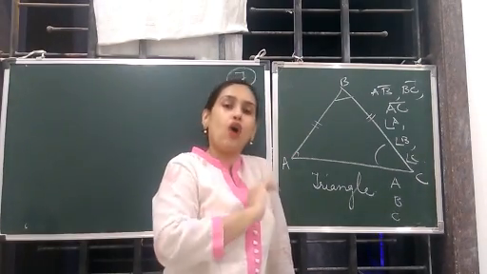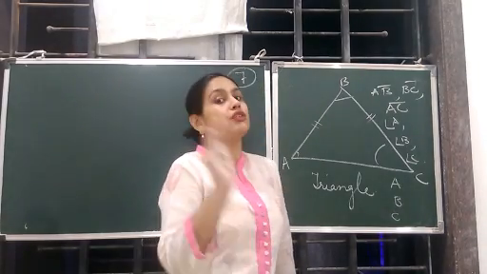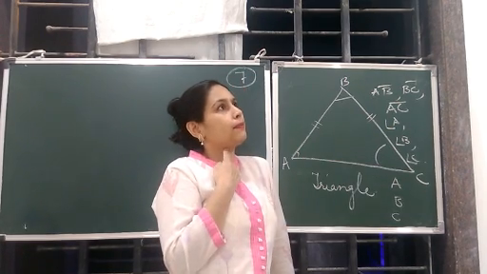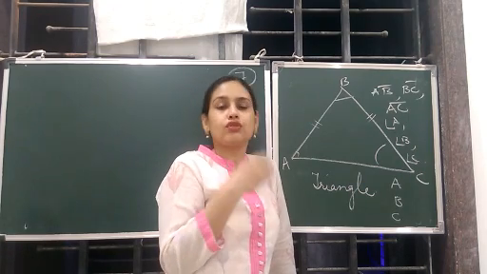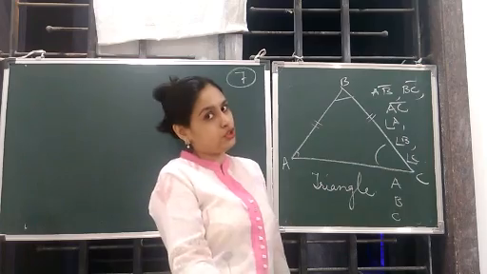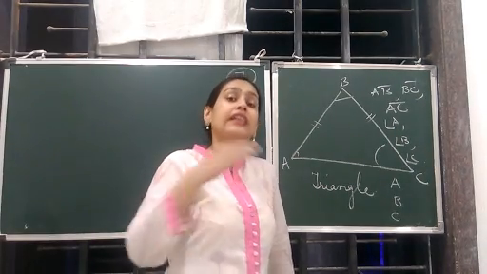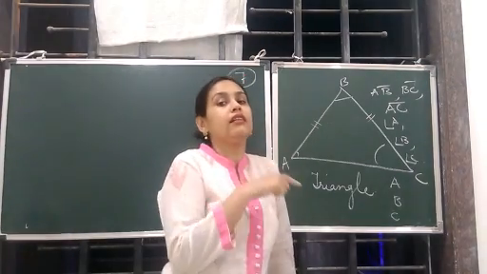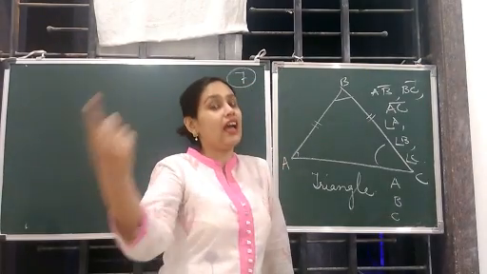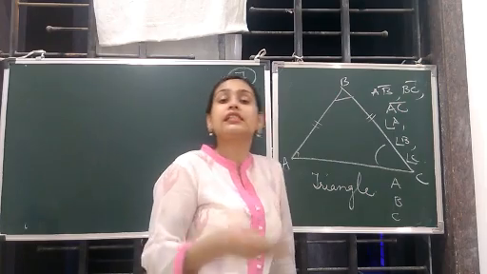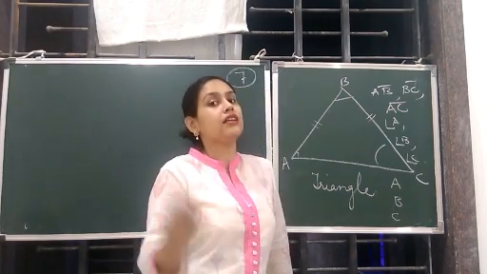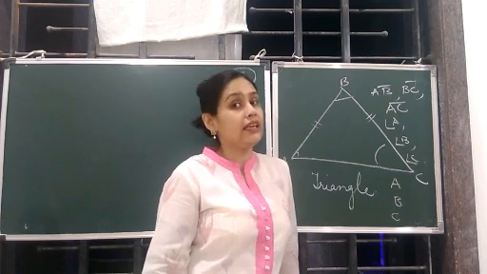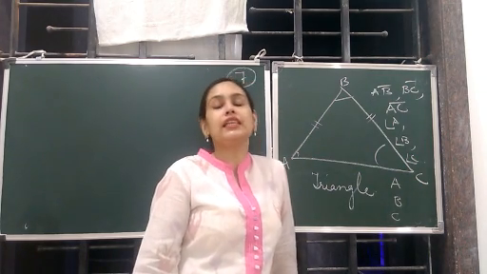Then comes the obtuse angled triangle, when it is obtuse and again you can say 2 sides are equal. So isosceles obtuse angled triangle or scalene obtuse angled triangle. Then isosceles right angled triangle or scalene right angled triangle, when none of the sides are equal but any one angle is equal to 90 degrees.